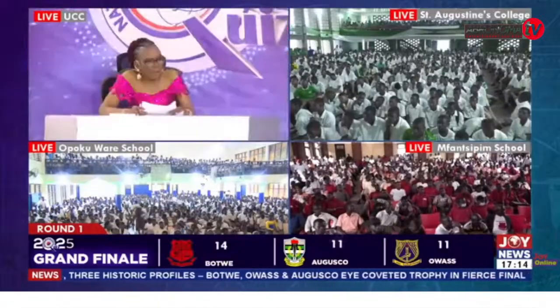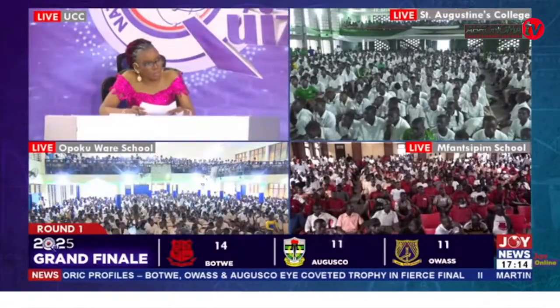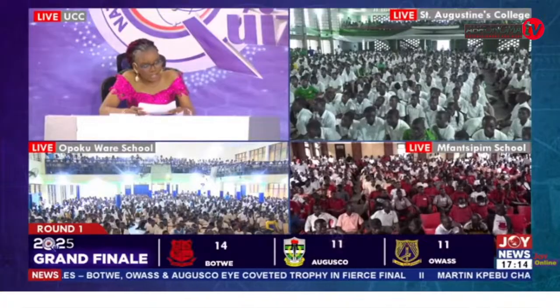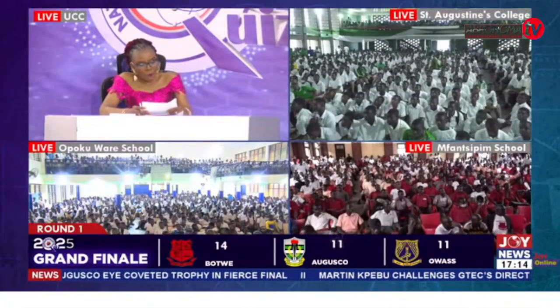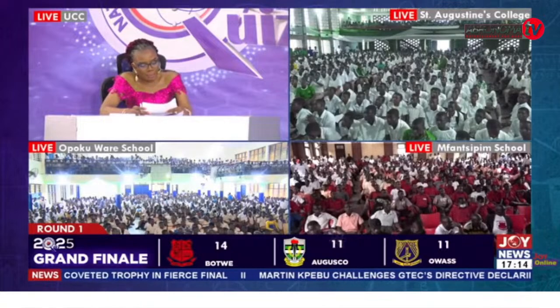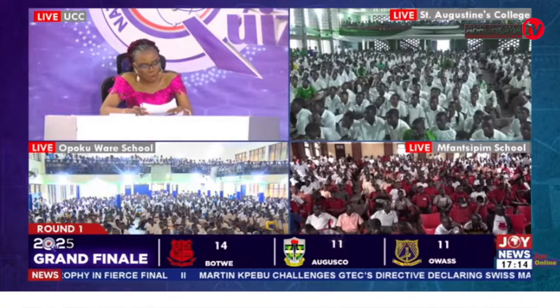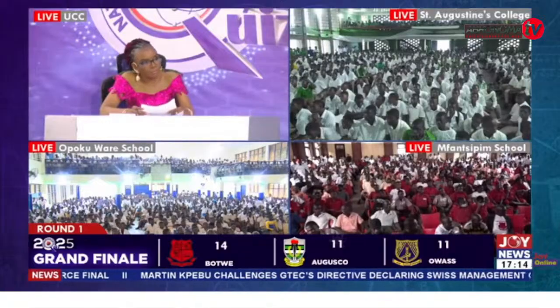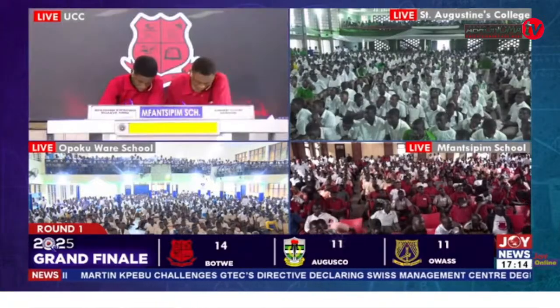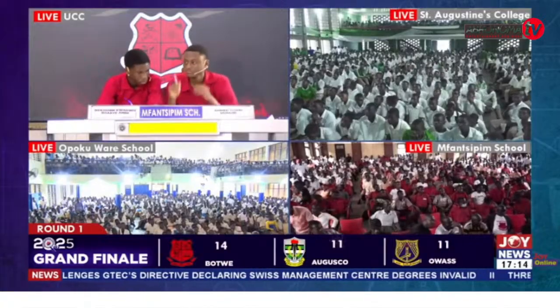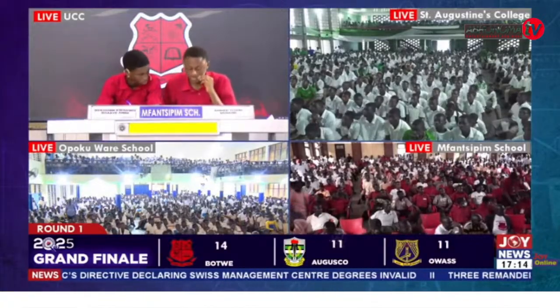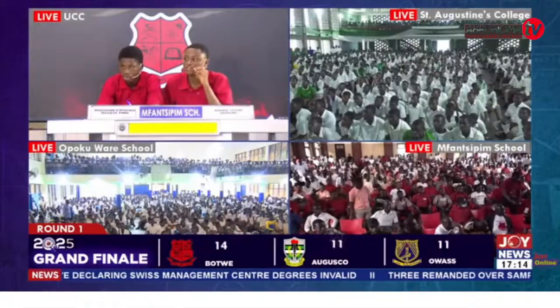With the same preamble, Mfantsipim School, B with coordinates (-3, 4), from the line 4x + 3y + 35 = 0. Yes, Ahmed? 7 units. Yes.